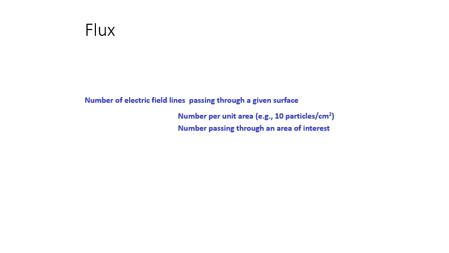Suppose 10 field lines are passing in a square centimeter, you can say 10 lines per square centimeter. We can also represent it in terms of the number of field lines passing through the area of interest, either a unit area or the area of interest. The flux can be calculated.